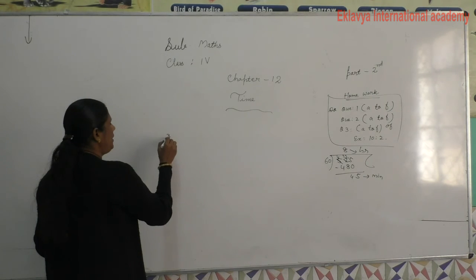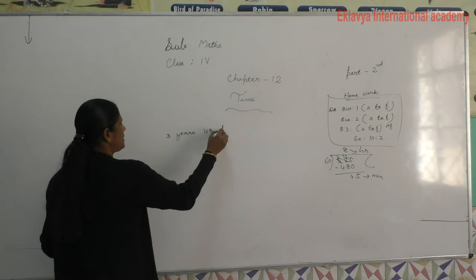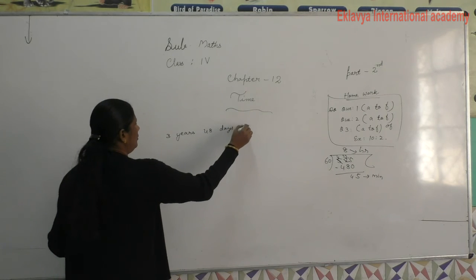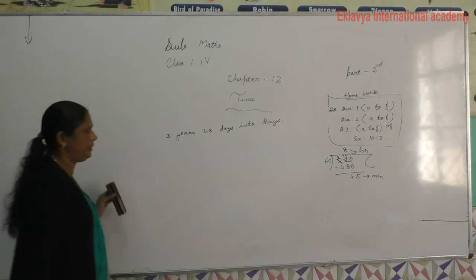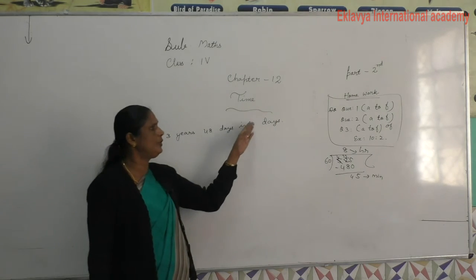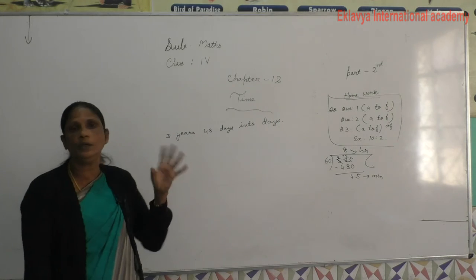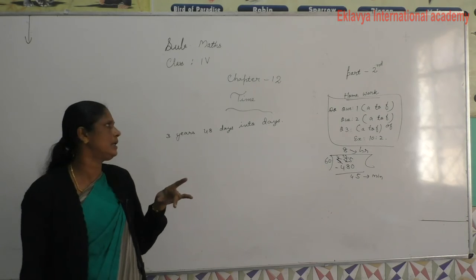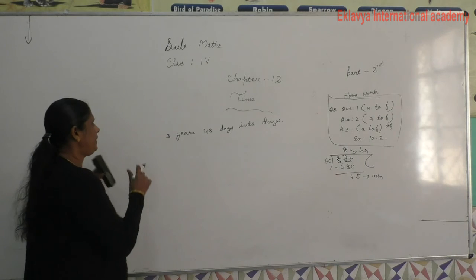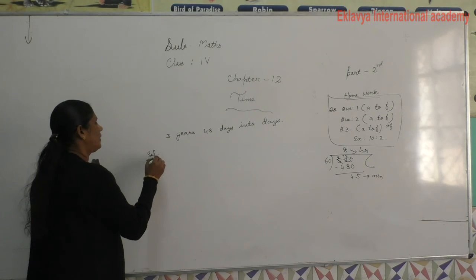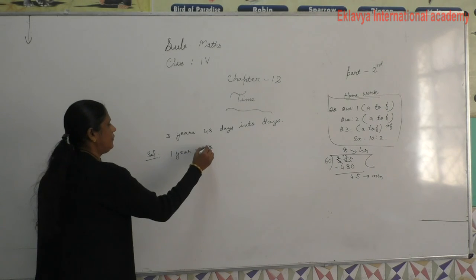3 years 48 days into days. Now our question: years into days. For 1 year, we take an ordinary year. 1 year is equal to 365 days. First we write the solution: 1 year is equal to 365 days.